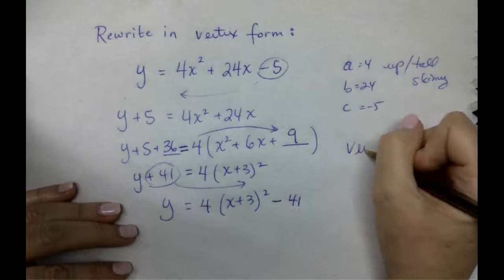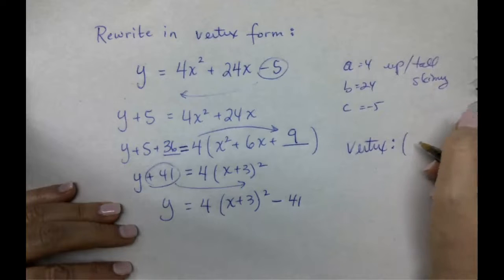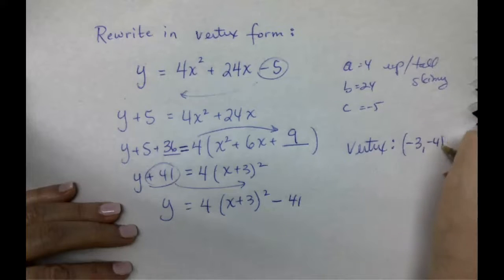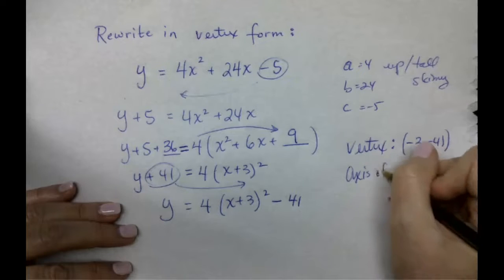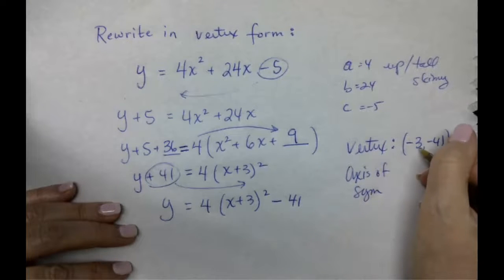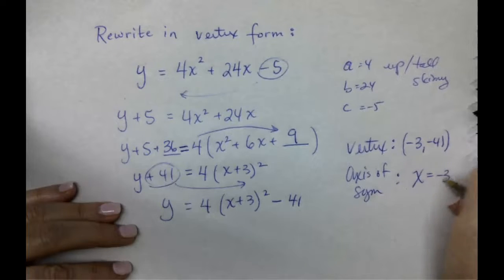So that means, and yes, you will need to identify your vertex on the test, your vertex is at negative 3, negative 41. Your axis of symmetry, remember, goes right through the vertex. It is just x equals negative 3.